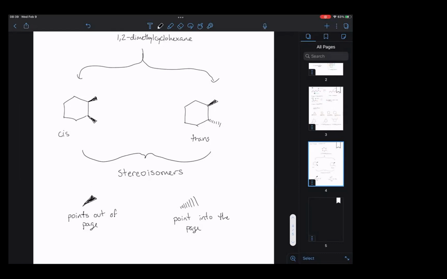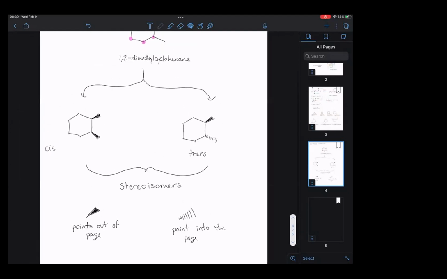So the full name for these two molecules would include their stereochemistry. So cis-1,2-dimethyl cyclohexane and trans-1,2-dimethyl cyclohexane.